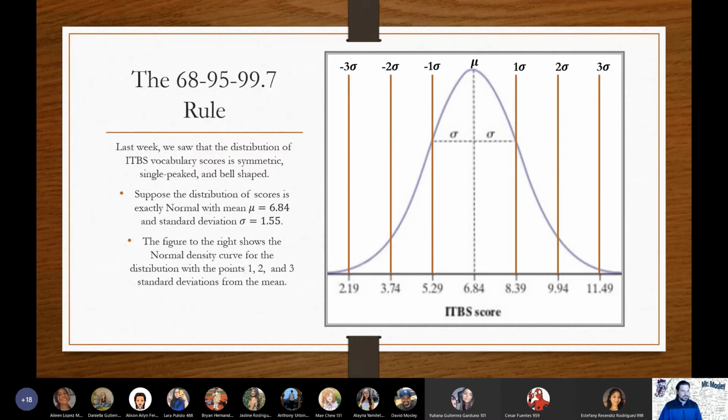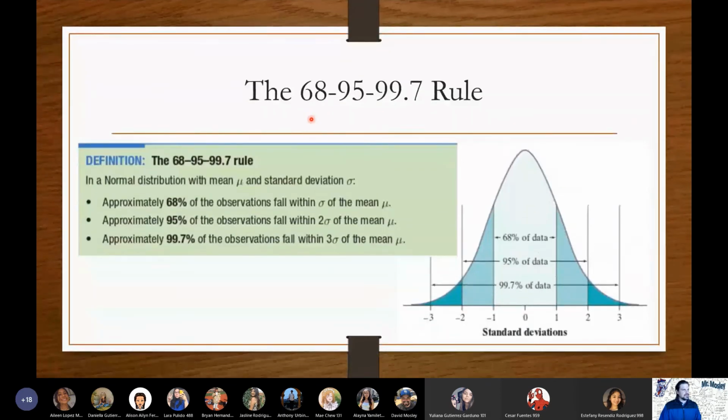So this gets us to 68, 95, 99.7. Why do we care about where 1, 2, and 3 standard deviations are away from the mean? Because it tells us lots of information. That's why. This is our 68, 95, 99.7 rule.